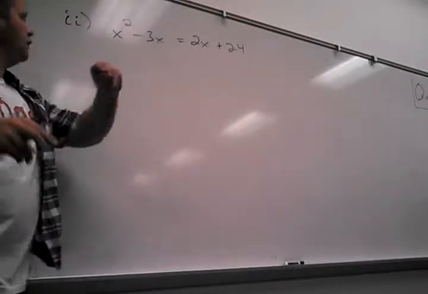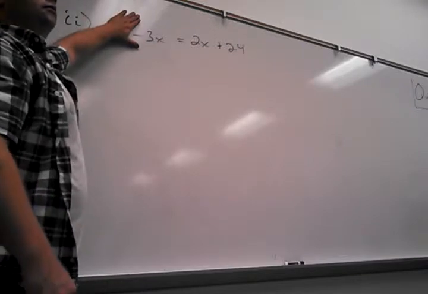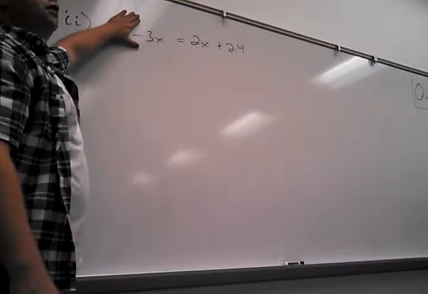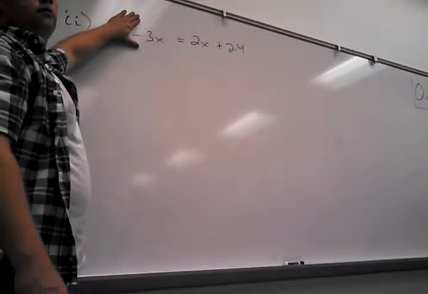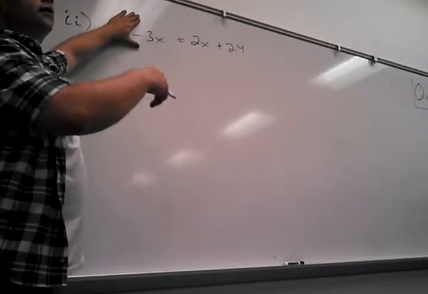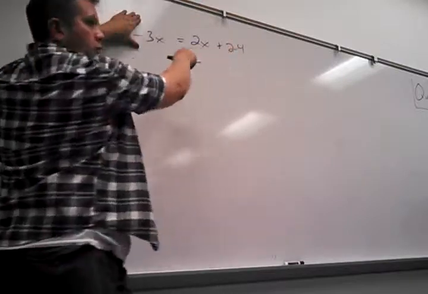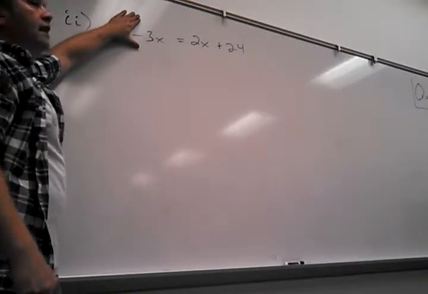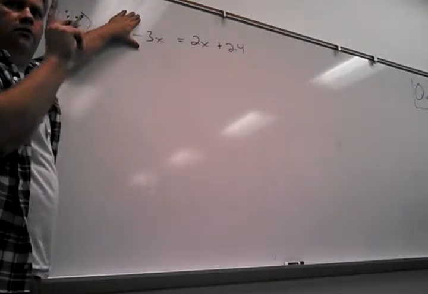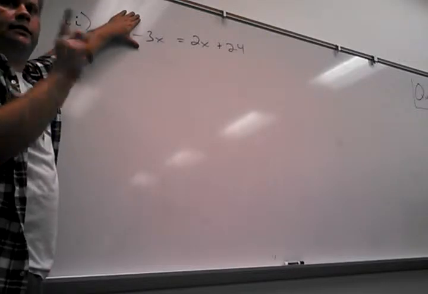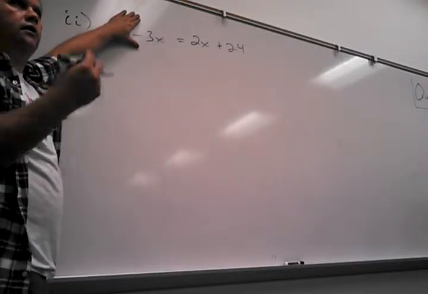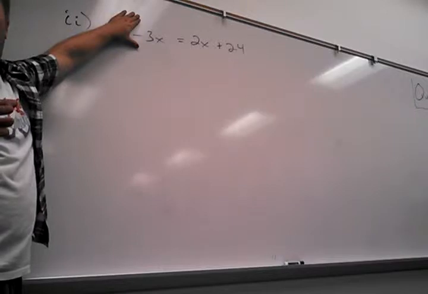Now, if that x squared was not there, how would I solve this equation? Get my x's together, divide by negative 5, right? I subtract the 2x. I leave the 24 there, wouldn't I? Remember what I just said is important: you have to be able to get your x's together on one side and your numbers on the other. It's what we've been saying the whole time about solving equations.